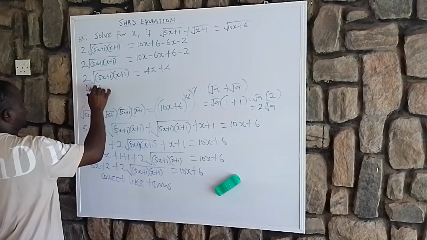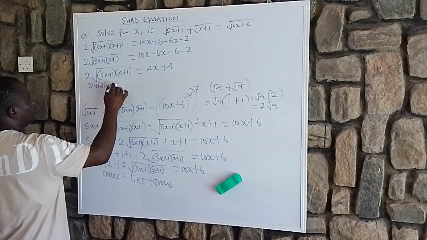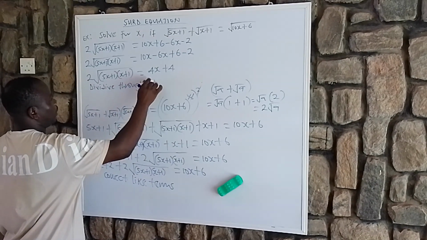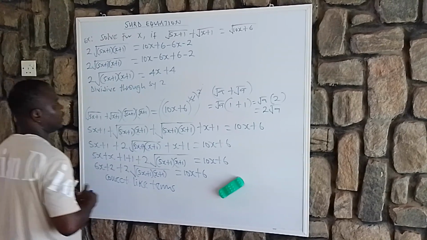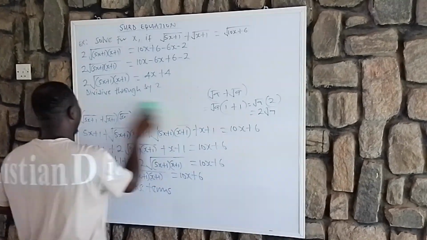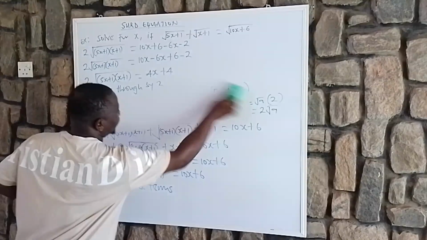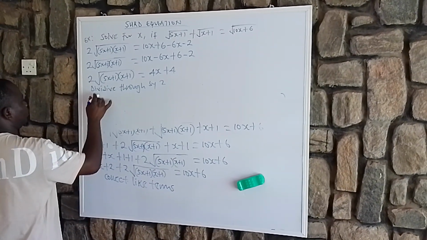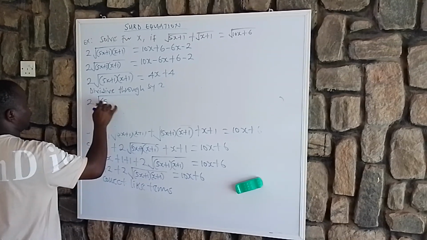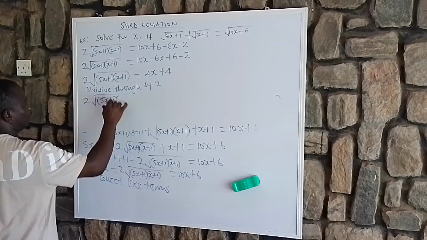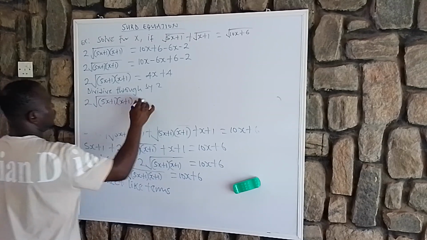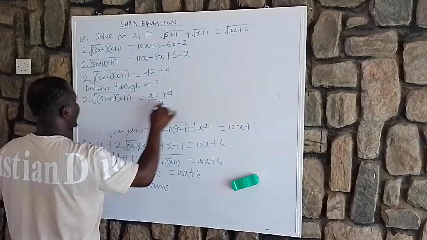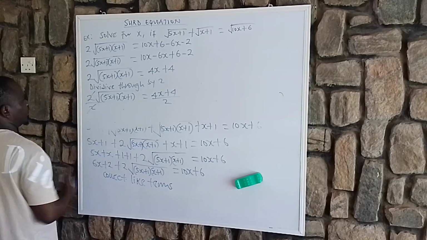Then at this point we divide through by 2. If we divide through by 2, we are going to have 2 root 5x plus 1 open bracket x plus 1 equals 4x plus 4 all over 2. 2 to itself is 1.